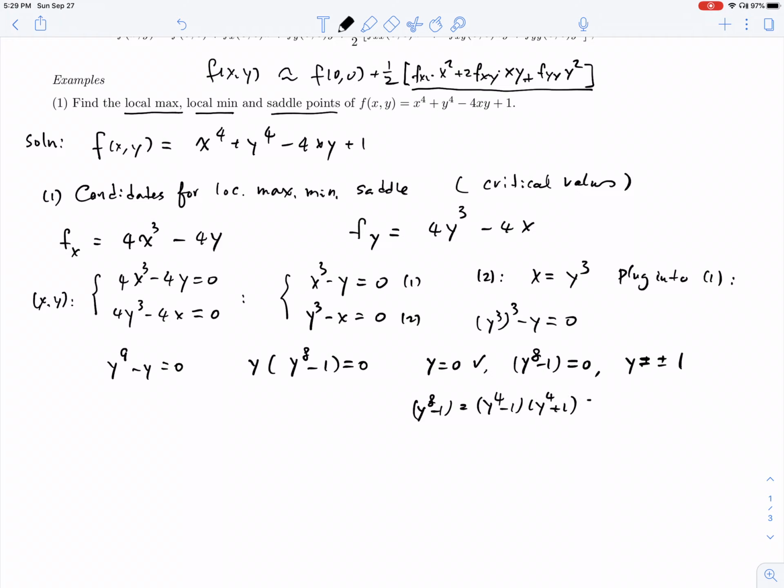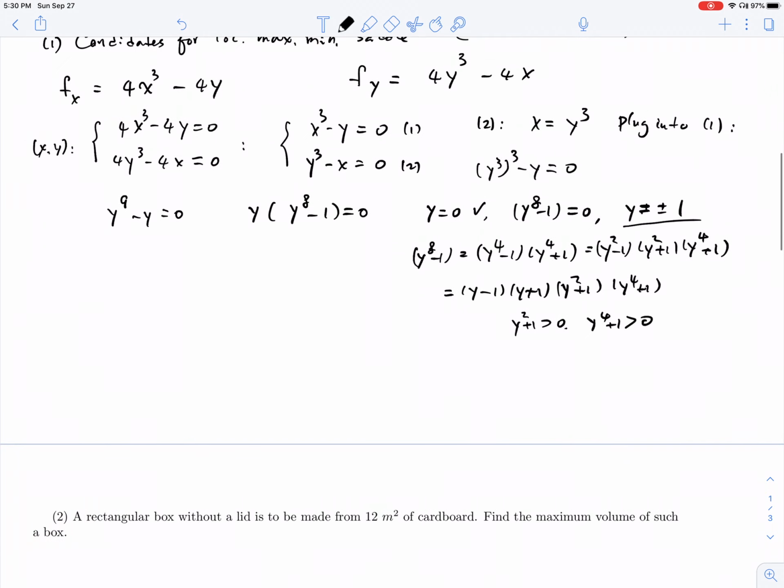And then you have y squared minus 1 and y squared plus 1 and y to the 4th plus 1, right? And you can keep going: y minus 1 and y plus 1 and y squared plus 1 and y to the 4th plus 1. So you have these two solutions because y squared plus 1 is bigger than 0, and y to the 4th plus 1 is also bigger than 0.